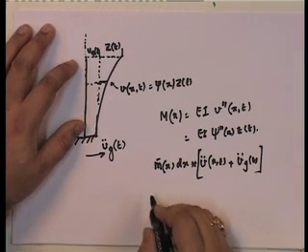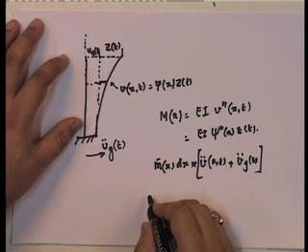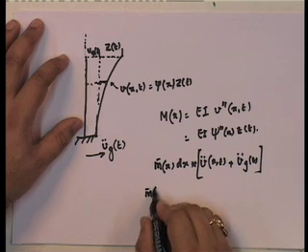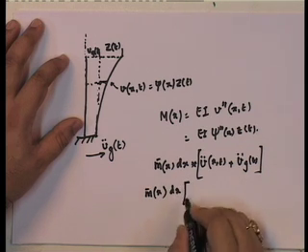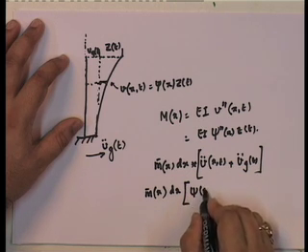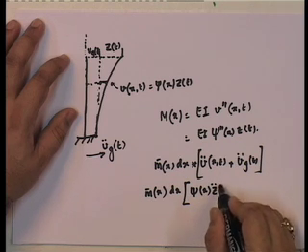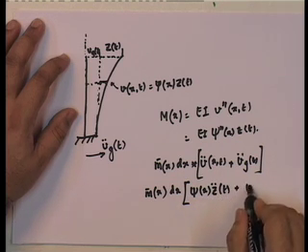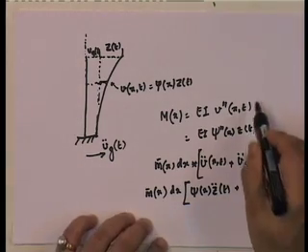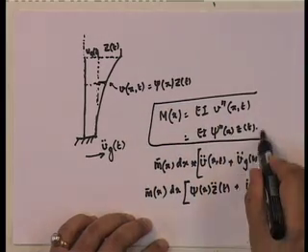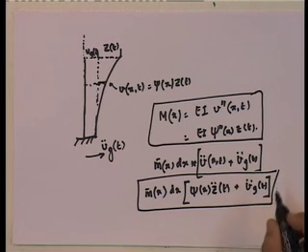So, this essentially becomes m x dx into xi x into z double dot plus v g double dot of t. So, this is due to the deformation, and this is the inertial force term.